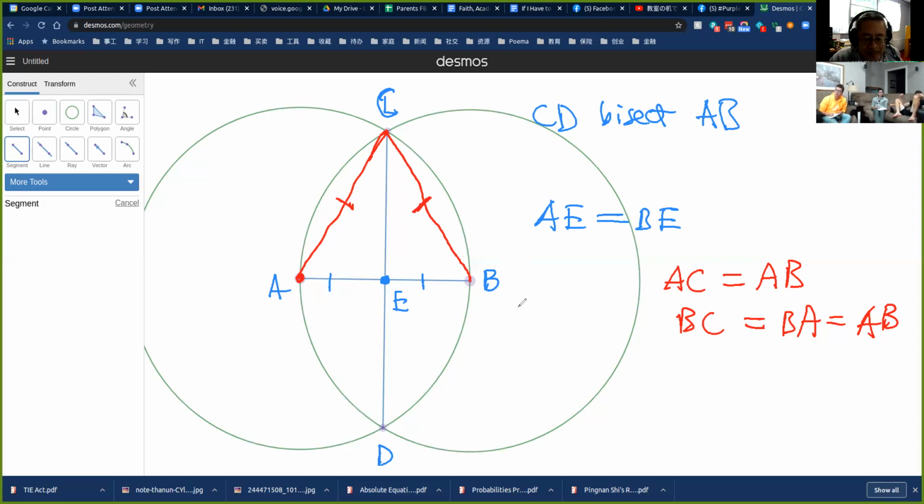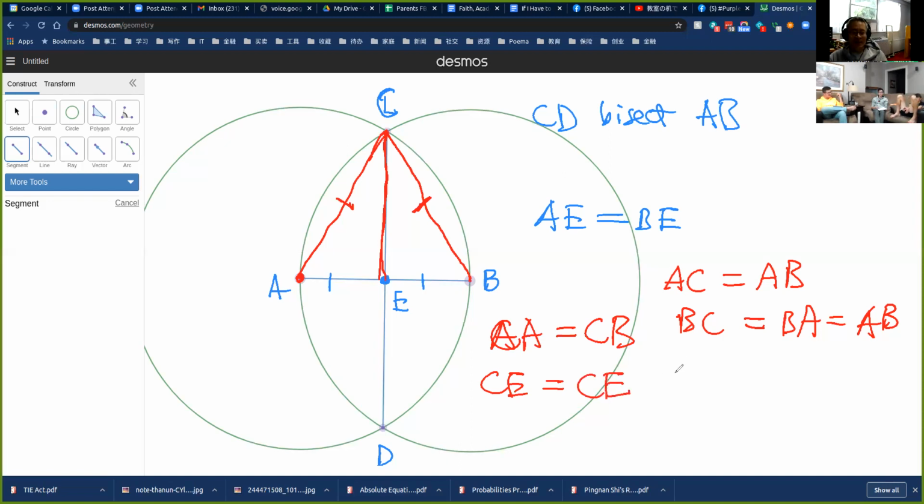And now we know this one is shared, so of course it's congruent. So we've got CA equal to CB, and we know CE is congruent to CE, itself.